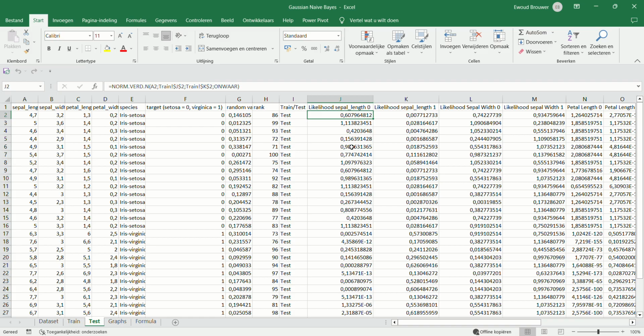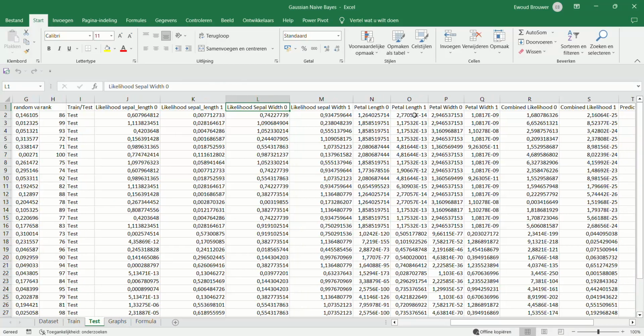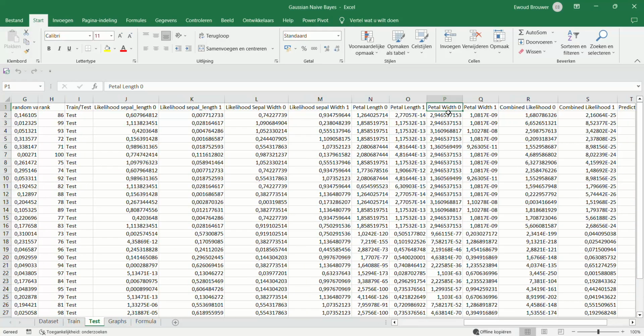I used this formula, the normal density function, for every variable: the sepal length, the sepal width, the petal length, and the petal width.